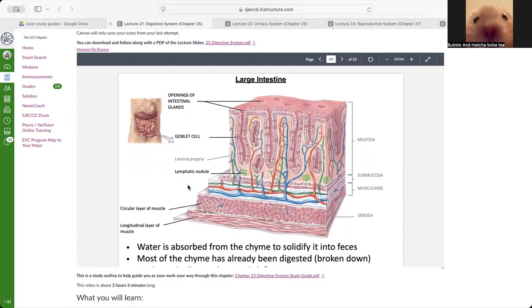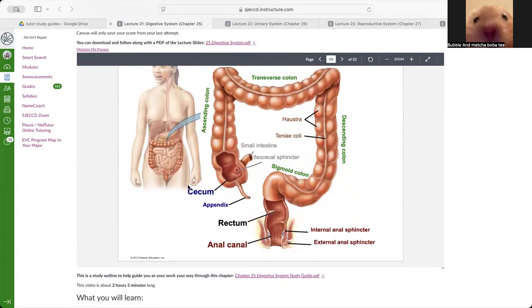We have the large intestine over here, so basically we have a colon. We have the ascending, transverse, descending, and sigmoid colon.